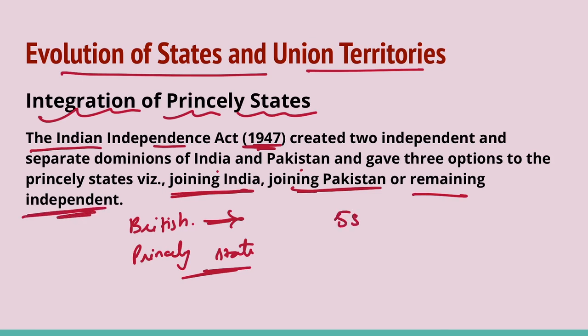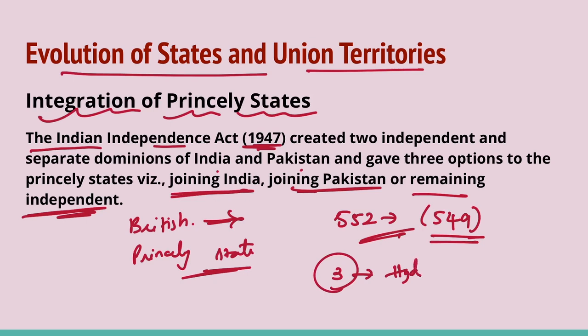Out of 552 princely states within the geographical boundaries, 549 joined India, and the remaining three, Hyderabad, Junagadh, and Kashmir, refused to join India. However, in the course of time, they were also integrated with India: Hyderabad by means of police action, Junagadh by means of referendum, and Kashmir by the instrument of accession.